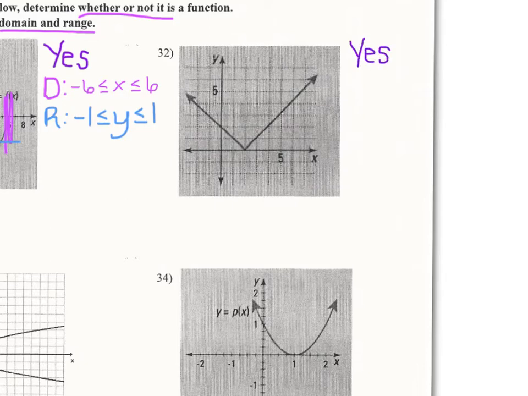Okay. Then for domain, I want to ask myself, if I build a wall off to the left of my function, and if I build a wall off to the right of my function, eventually will my line hit my wall? The answer here is yes, and I did that really close to the graph just because I don't have a lot of room here, but I could draw a wall way out here and way out here, and my graph would still eventually hit it.